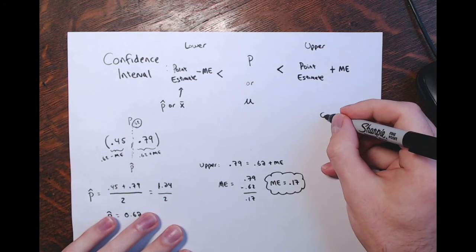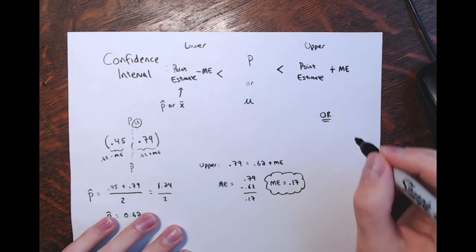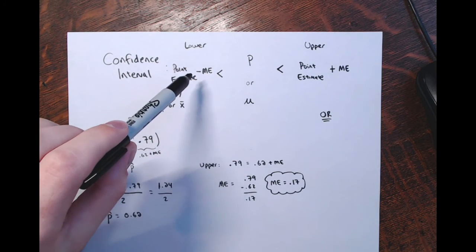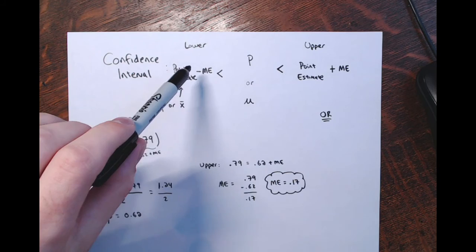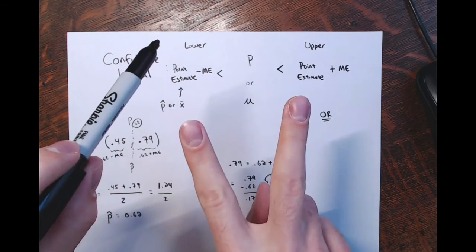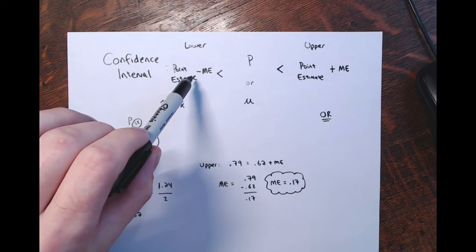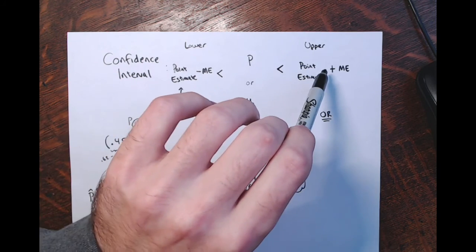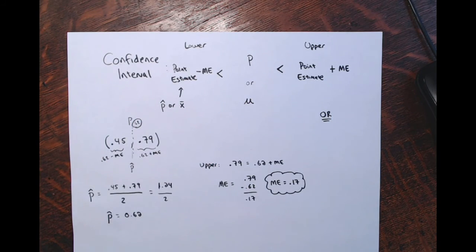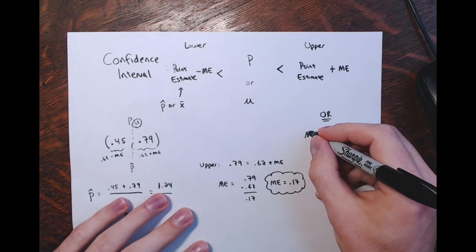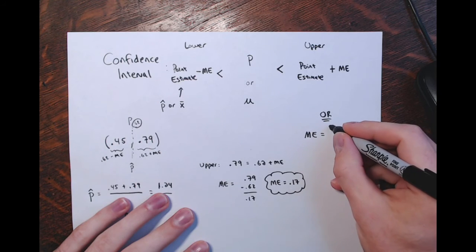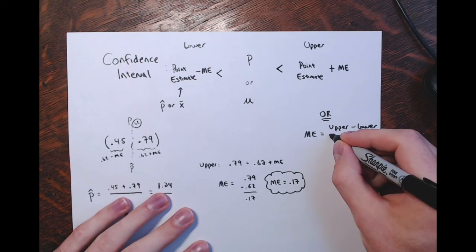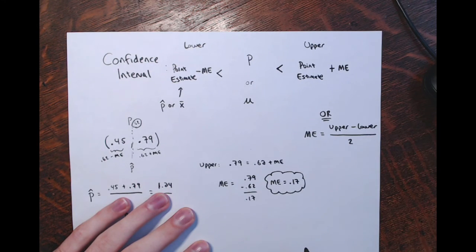The alternate way to find the margin of error for a particular confidence interval is to note that the distance between the lower bound and the upper bound is 2 margins of error. Getting from the lower bound to the middle is 1 margin of error, and from the middle to the top is another. So the margin of error is the upper bound minus the lower bound, cut in half.